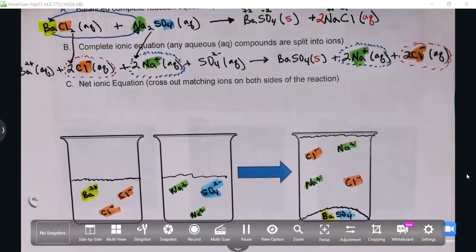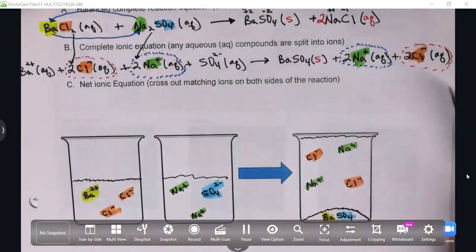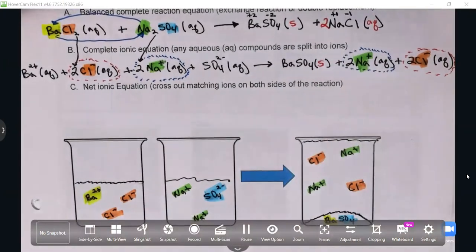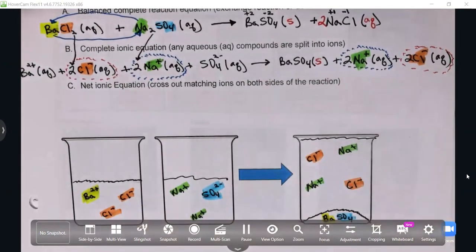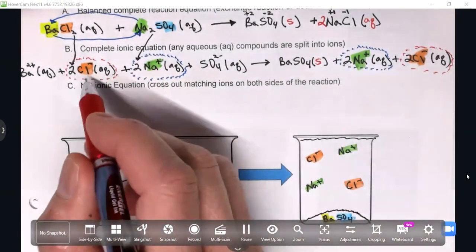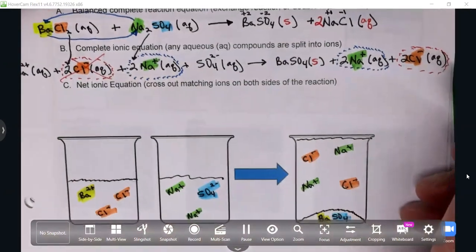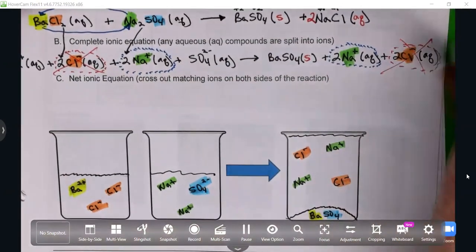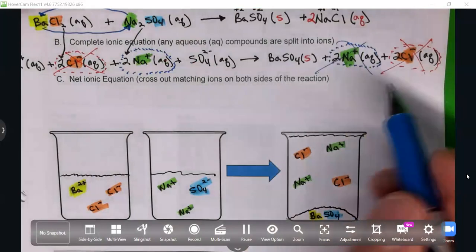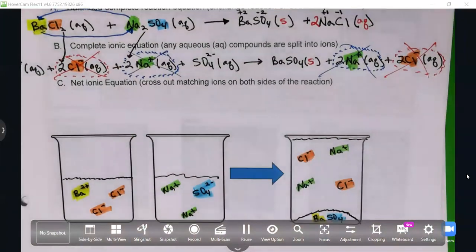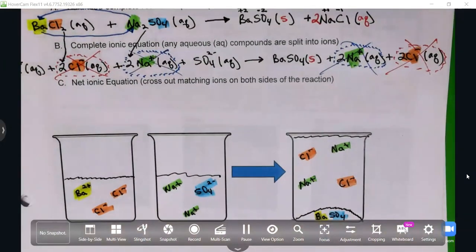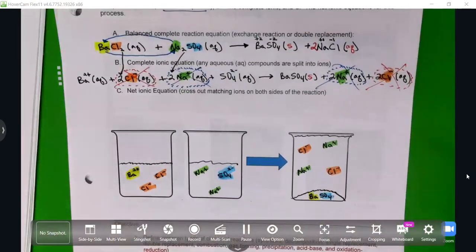What I like to try to do, it's kind of like having a 2x and a 2y on both sides. You can eliminate them, right? So what I like to do is try to put a light x over it. That one wasn't so light, but I tried to put a light x like this and a light x like this as best I can. I can eliminate those then as my spectator ions.